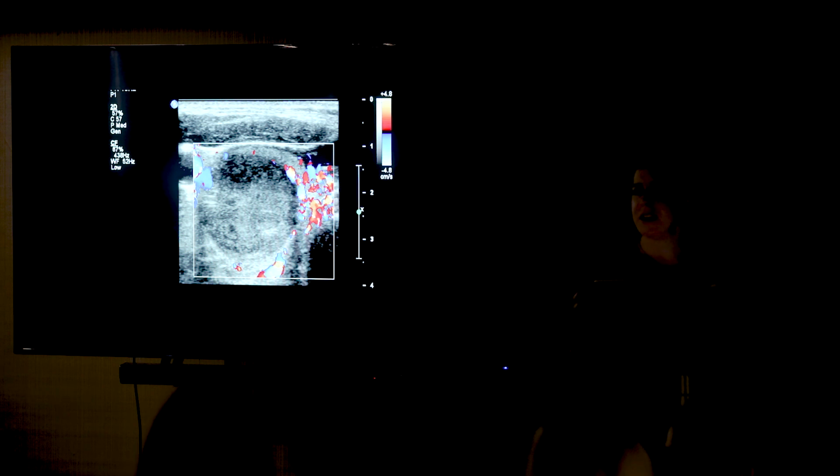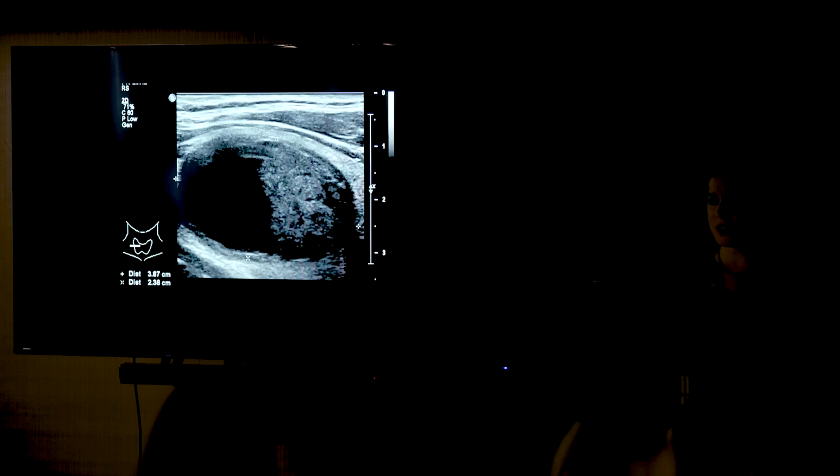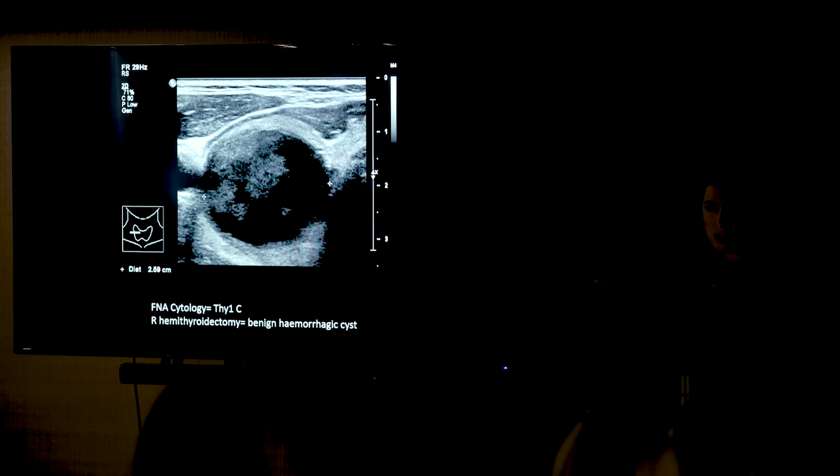This was in my early days of embarking on FNAs, and I did put a needle in, but I probably wouldn't nowadays. So that's a hemorrhagic nodule. So it's just benign and hemorrhagic, but because it's got the hemorrhagic material, it looks a little bit worrying, but actually it's not. And you'll get a Thy1C or a Thy1 for your cytology, unfortunately. But they ended up having a right hemithyroidectomy because it was quite a large lump on a slim neck.